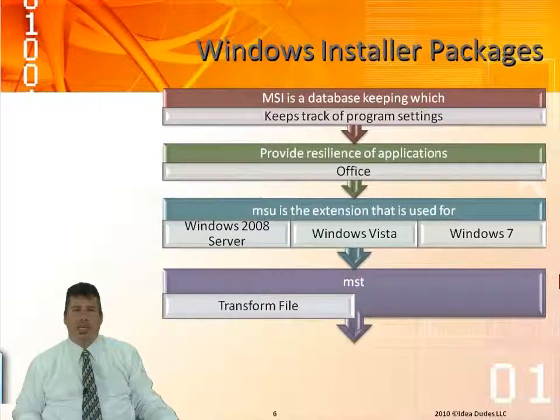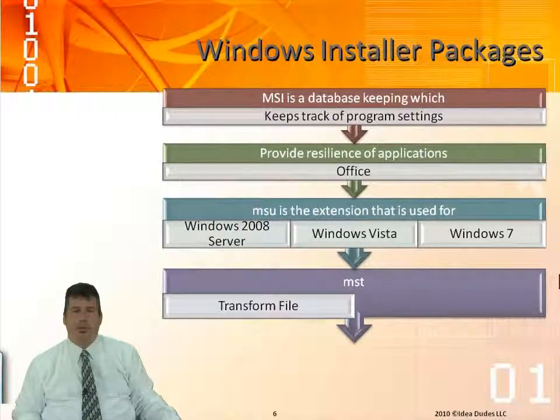The MST is a transform file, and what this allows us to do is make a decision on what parts of the program we want to install, like Office. We'll create an MST and say, okay, I want Excel, I want PowerPoint, but I don't want Word, or I don't want Access, or I don't want MapPoint.